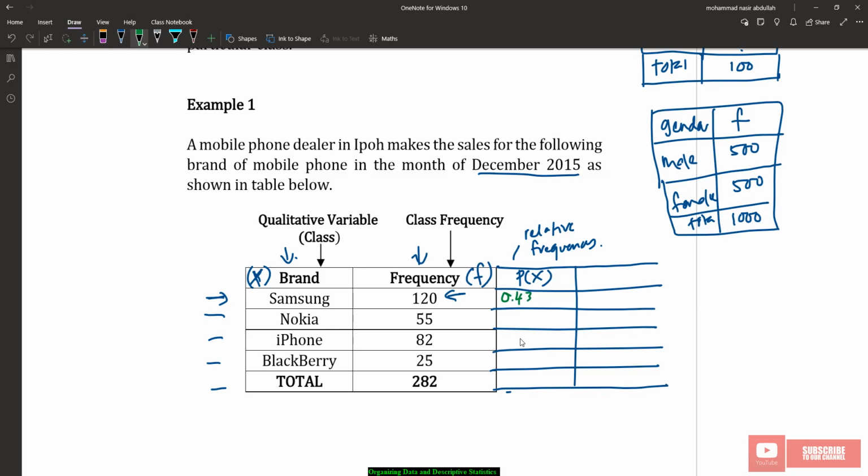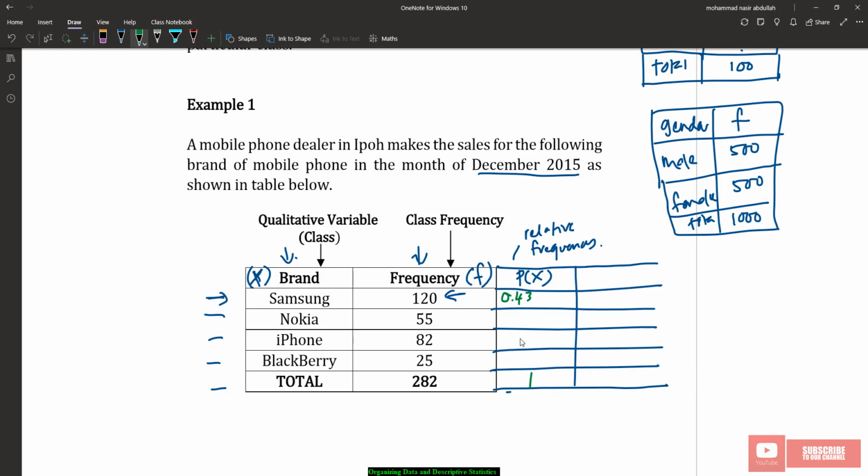And then we calculate for everything. The total for relative frequency should always equal 1. If you get a total of relative frequency less than 1 or more than 1, something is wrong with your calculation lah. Because relative frequency is a basic probability. Nanti kita akan tengok the next chapter on the introduction to probability.